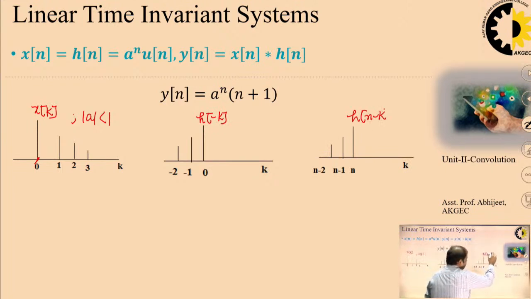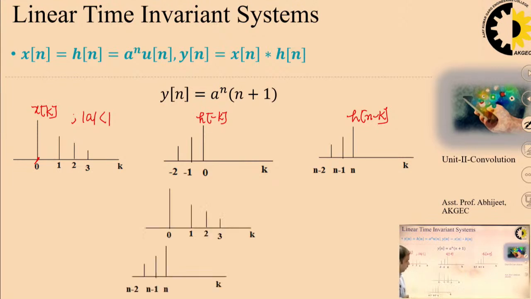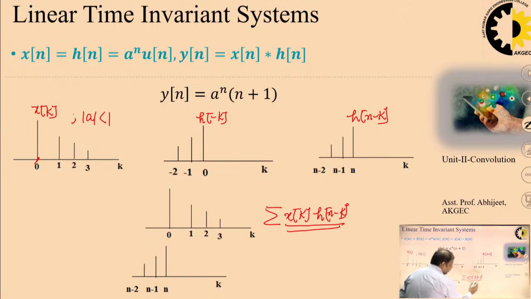The plotting is very straightforward. Remember, these are the two same signals. The impulse response is equal to the input signal. So what we are doing in convolution is summation of x of k multiplied by h of n minus k. This is multiplication. So if it is multiplication, we must see where the multiplication exists, and we must determine where the multiplication is 0 by default.